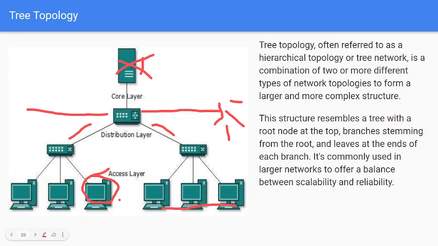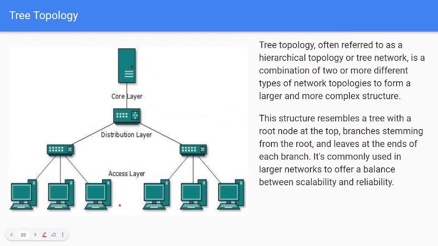But if there's an issue with this entire connection, let me clear this so it doesn't look the same, everything else will still be working fine. You understand? So it's used by larger organizations to offer scalability and reliability.